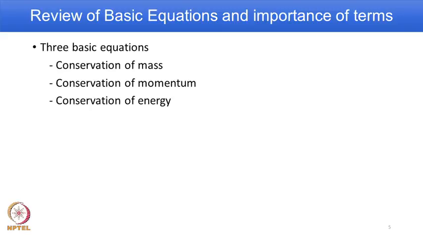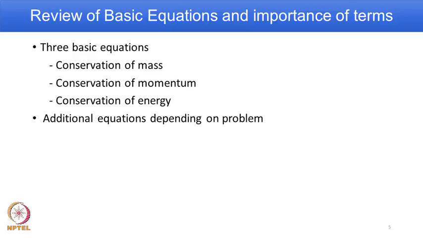Primarily, conservation of mass and conservation of momentum are necessary for any fluid mechanics problem, and conservation of energy is used whenever you are interested in compressible flows or have a heat transfer problem. These are only primary equations. You also need additional equations depending on the problem.